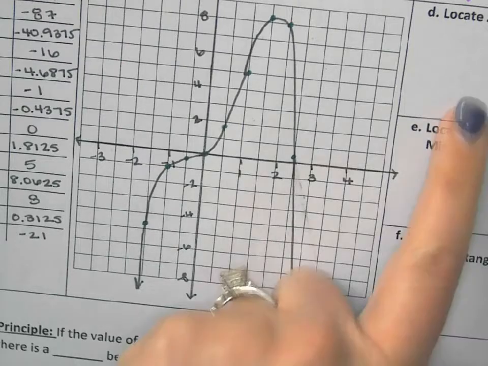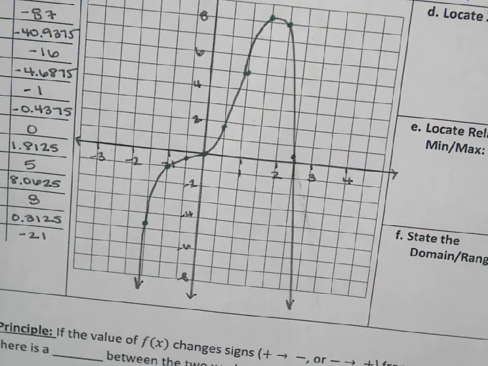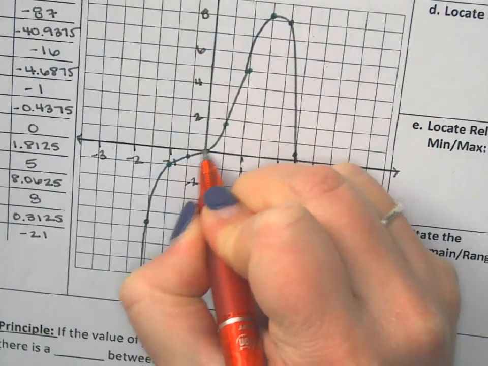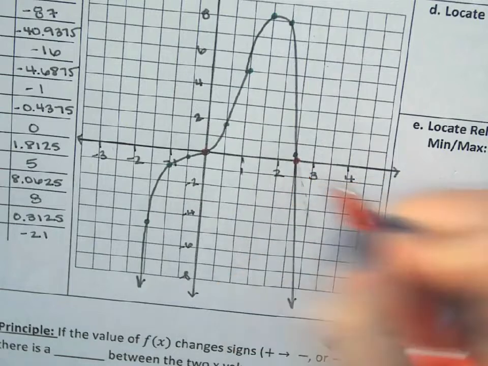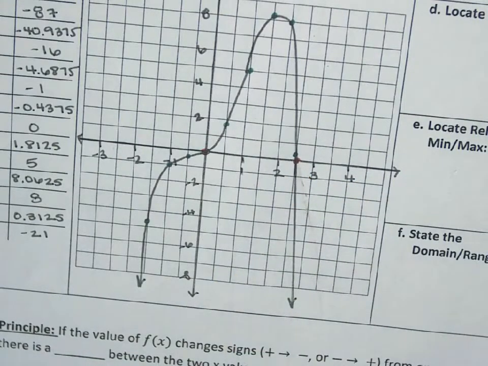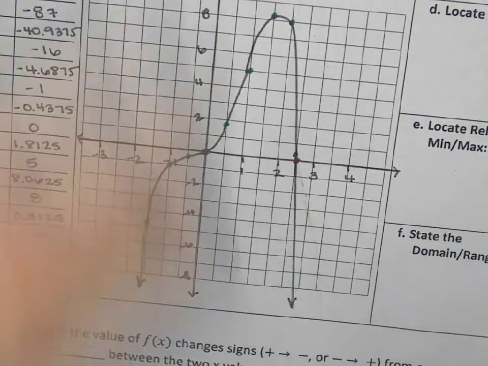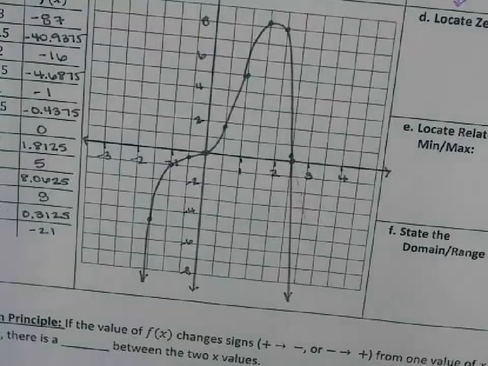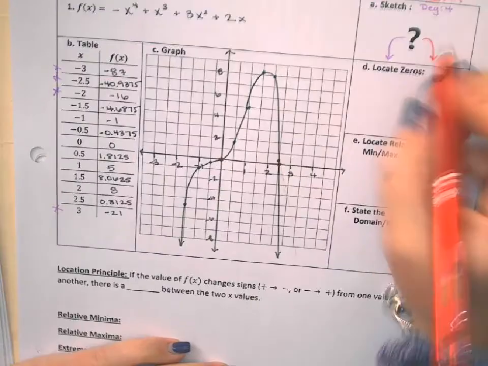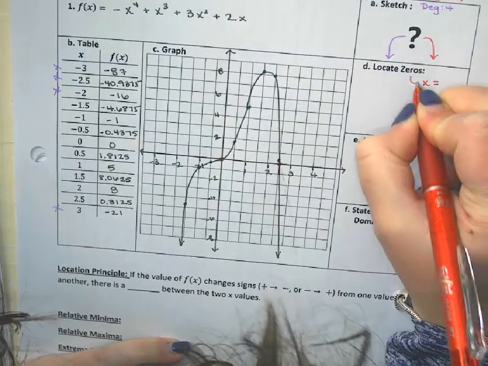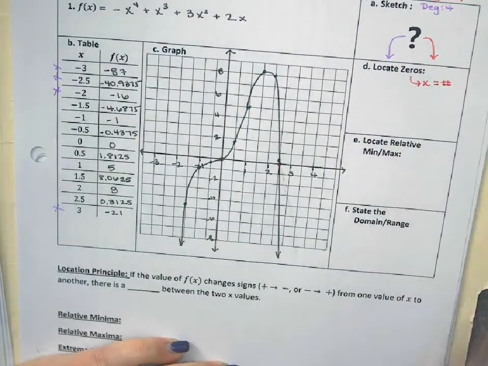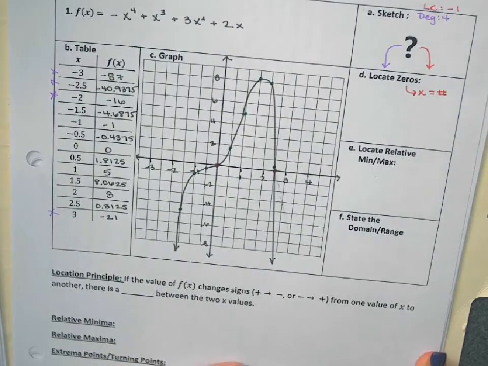And then we have to locate the zeros. Remember, you can see them based on your x-intercepts, but that's not how we write them. We don't write them as an x-intercept. A zero is written as x equals a number. That's how we did it back in Unit 5.